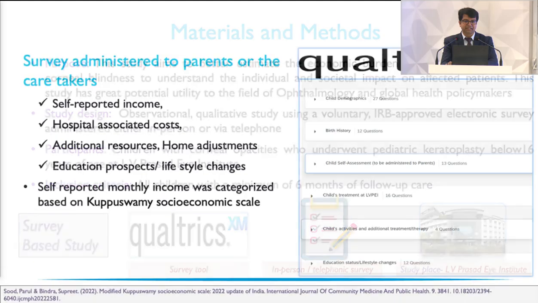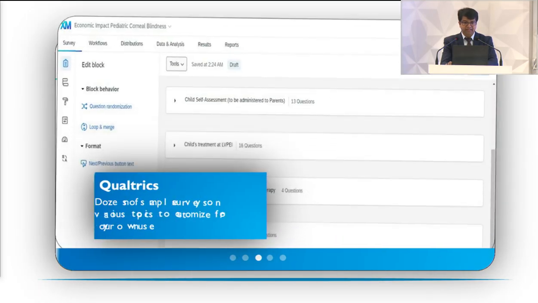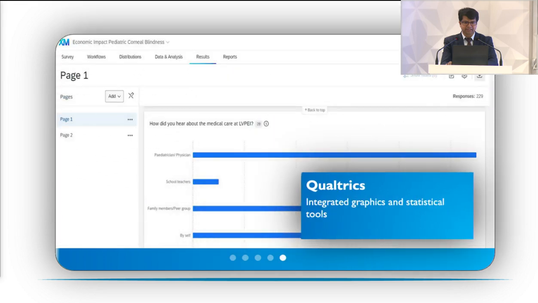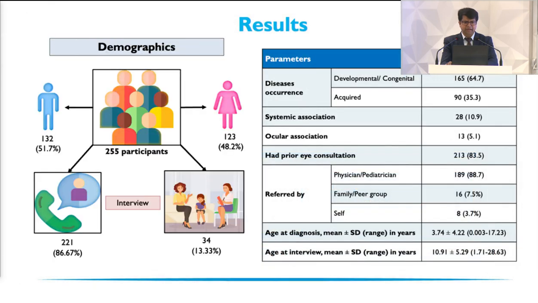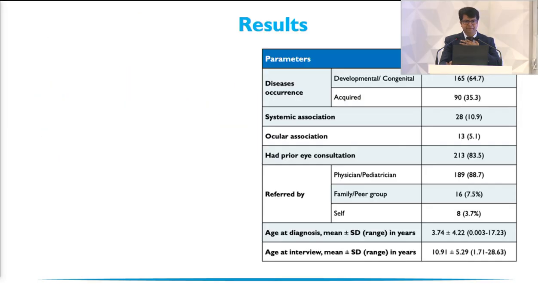In the interest of time, I will go only to the results. It was an online survey, done with one of the freely available applications.